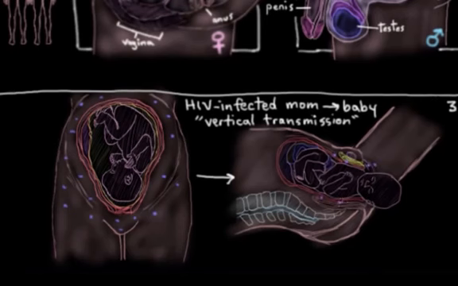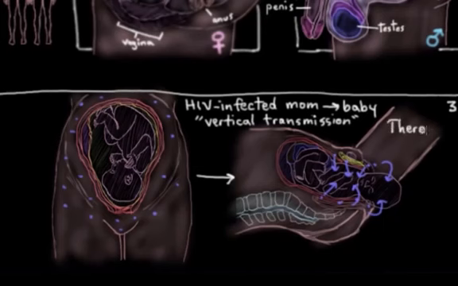We're not 100% sure how the transmission happens, but the thought is that they're being exposed to mom's blood and vaginal fluid on the way out of the birth canal. And newborn babies are essentially all mucous membrane at birth. They just have really thin skin, so it's not too hard for HIV to jump on board, so to speak.